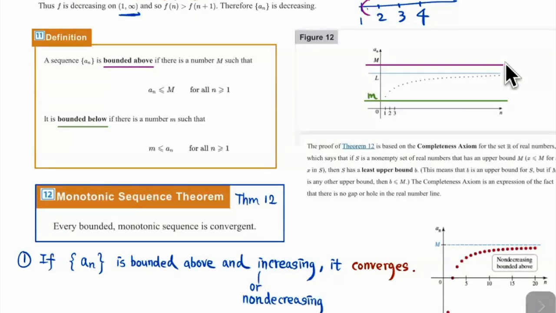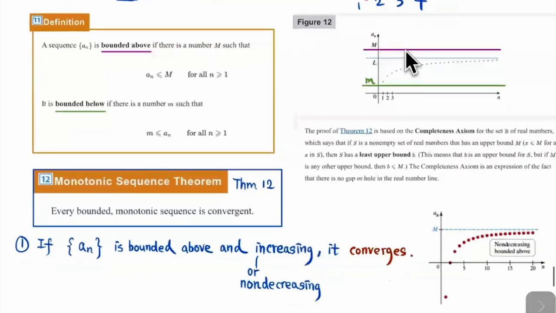It's kind of like the ceiling. So this sequence is bounded above. What does it mean bounded below? It's kind of like the floor, and the sequence never goes below this floor. Then it's bounded below. So a bounded sequence will be bounded above and below. It has a ceiling and also a floor.